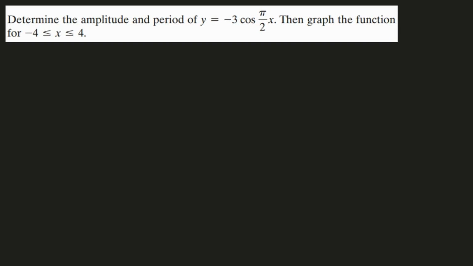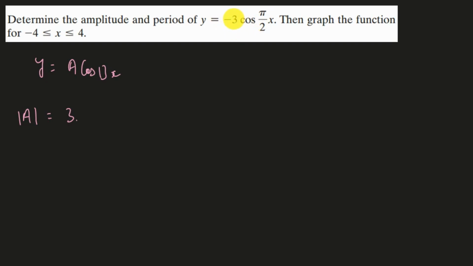Now let's take an example. Here we need to determine the amplitude and the period for y equals minus 3 cosine(pi by 2 x), and then also we have to graph it between x equals minus 4 to 4. First of all, the amplitude: if you compare the given function with y equals a cosine bx, I can write that the amplitude a is 3 here.